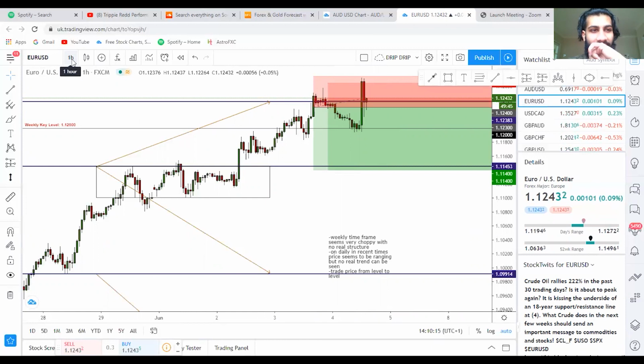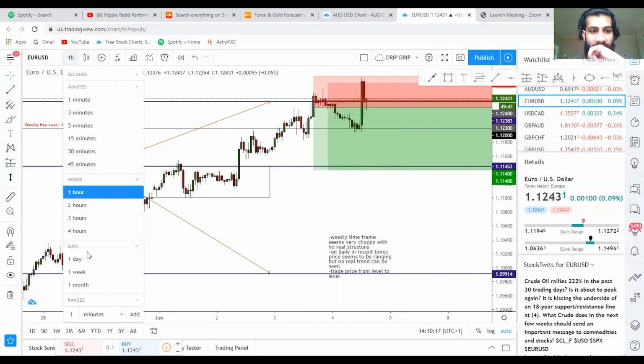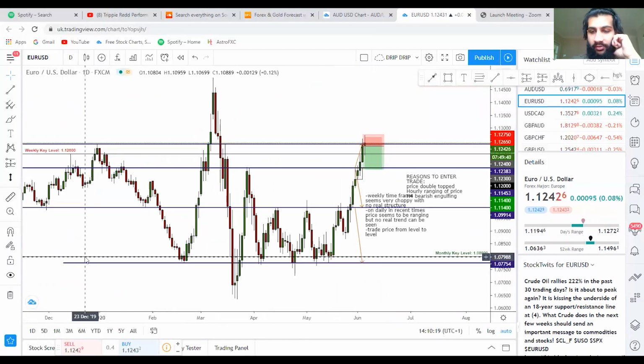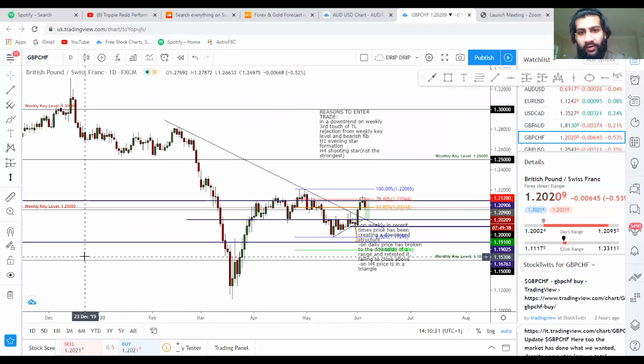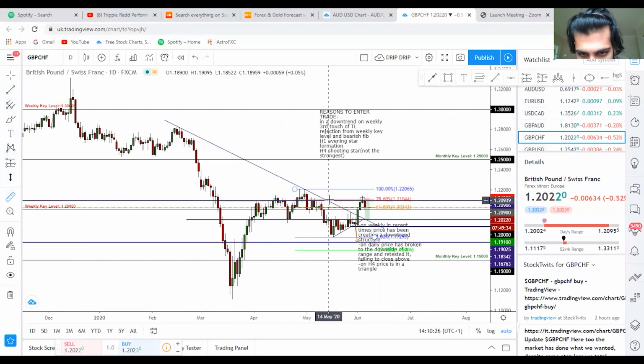I don't think I had enough margin left, so it'd be interesting to see what's going on with GBP CHF, because if it has been triggered and is moving our way, that'd be nice. You're looking at around, say we entered around there.